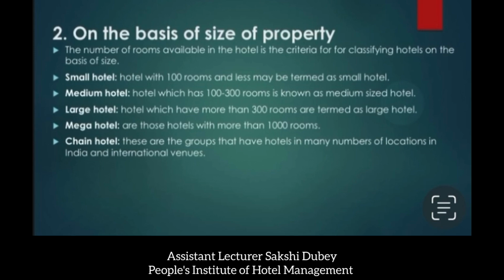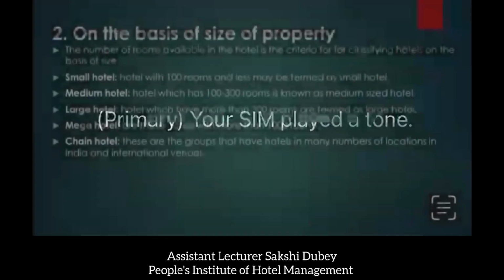Then there is a medium hotel. Now what is a medium hotel? A hotel that consists of 100 to 300 rooms. Large hotel, a hotel which has more than 300 rooms. Mega hotel, which has more than 1000 rooms. Chain hotels are the groups that have hotels in many locations in India or worldwide.